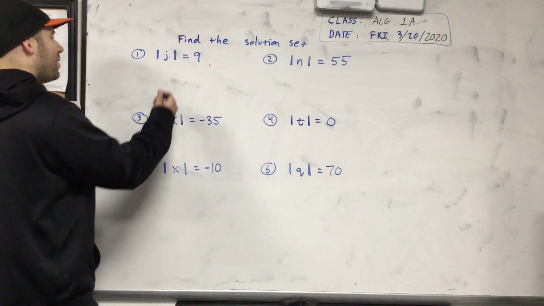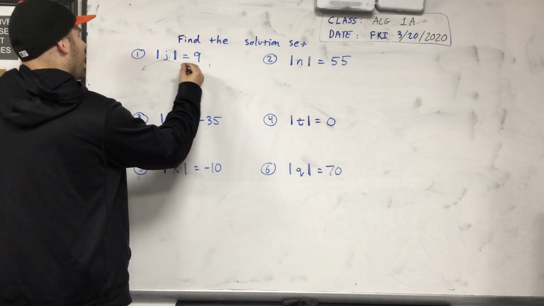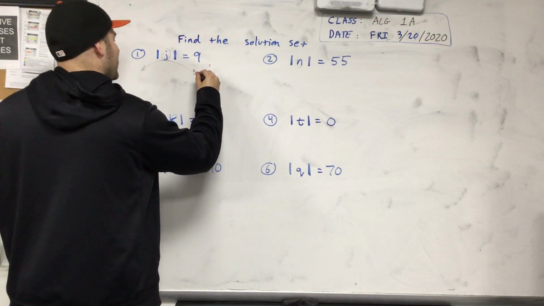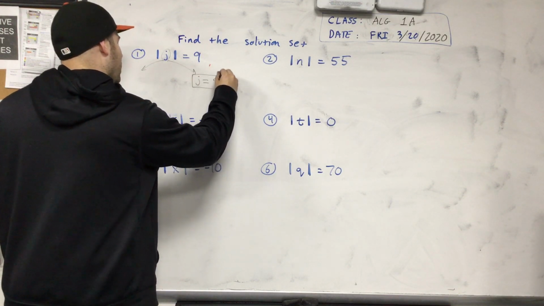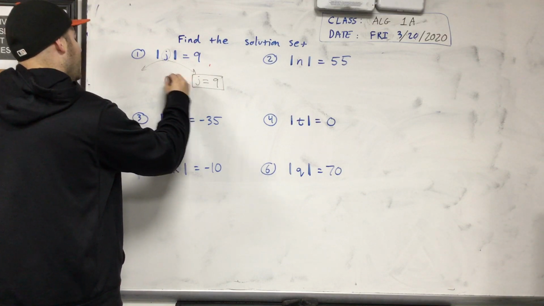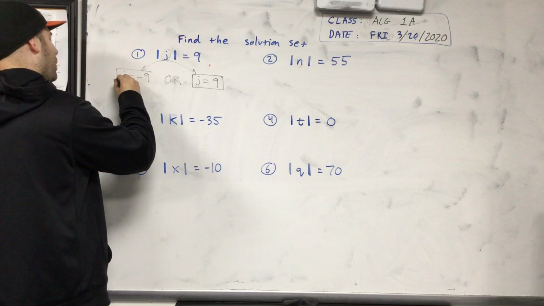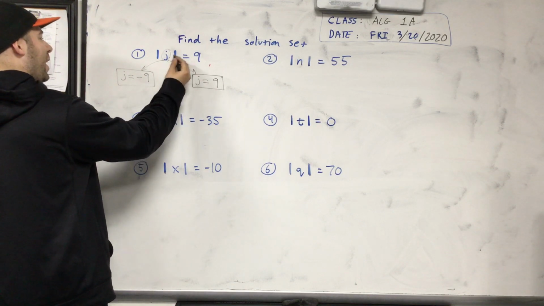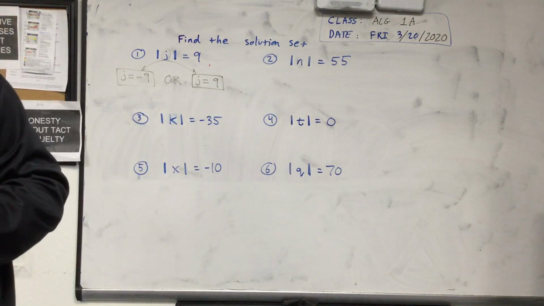Okay, so it's positive. That means that there are 2 solutions for it. In order to go a distance of 9 steps, I can go 9 steps forward or 9 steps backwards. Either way, the absolute value of 9 is 9. The absolute value of negative 9 is also 9.